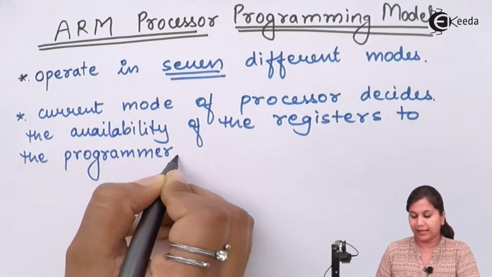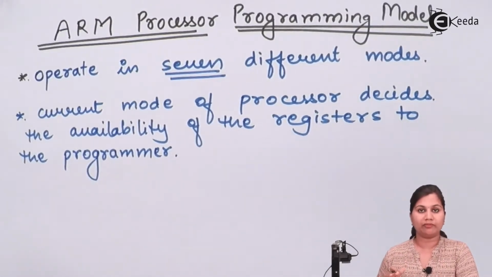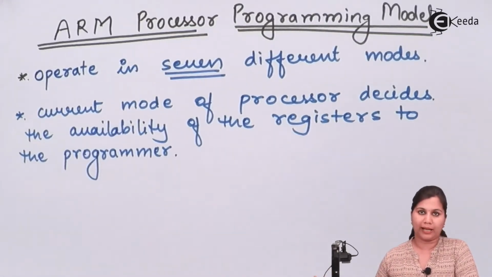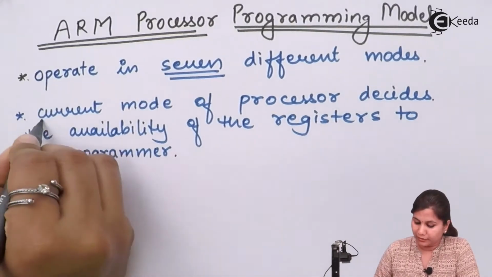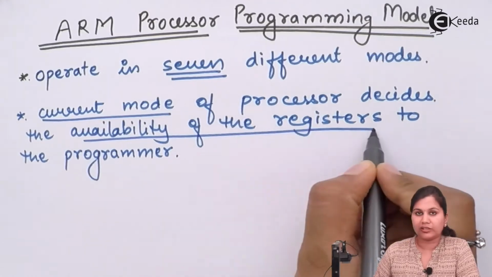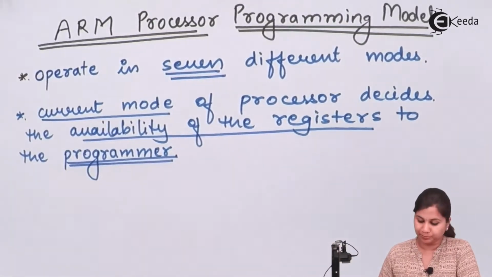So we can say that the current mode of the processor, the mode in which the processor is currently working, is going to decide which of the registers will be available to the user for programming. So the current mode decides the availability of the registers to the programmer or the user.